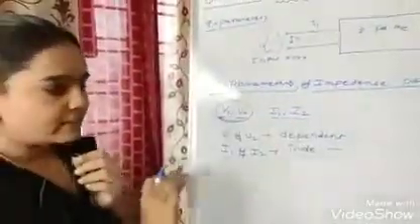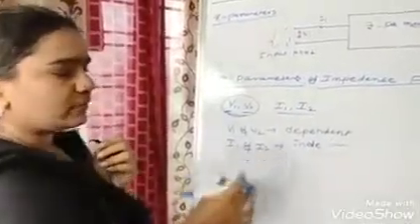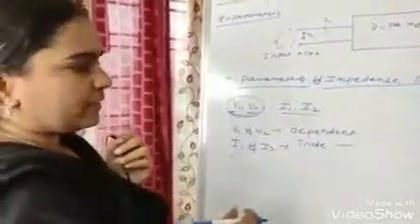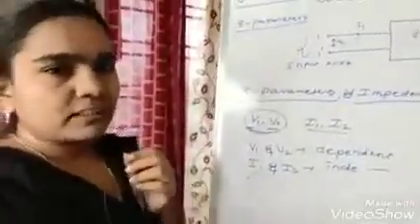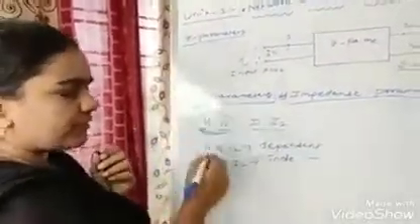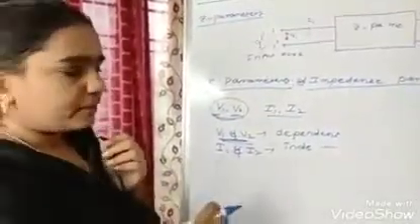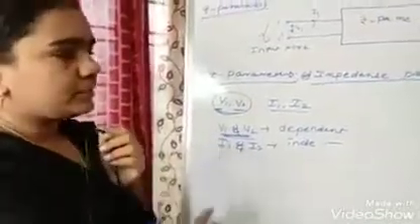I mean these parameters do not depend on any other parameters, so they are called independent parameters. This is the key point to remember in Z parameters: V1, V2 are dependent parameters and I1, I2 are independent parameters.